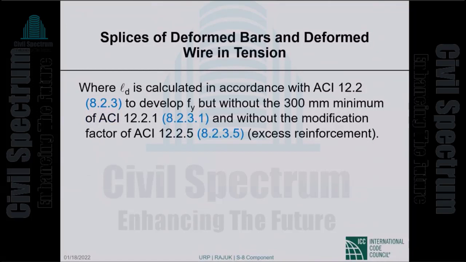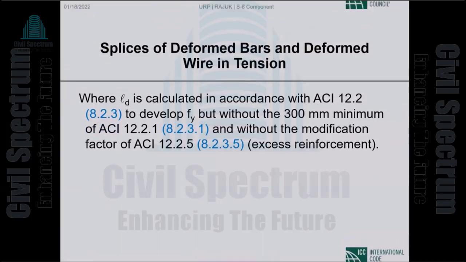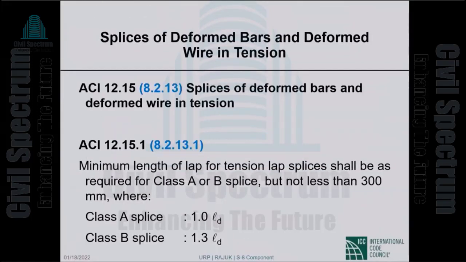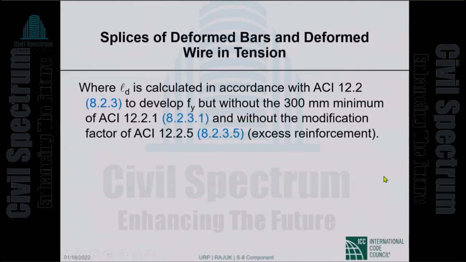L sub D is calculated to develop f sub y, but without the 300 millimeter minimum of ACI. So the splice length is either 1 or 1.3 times development length, and splice length has a minimum on it of 300 millimeters. When we calculate development length by ACI 318 requirements, you remember there was a table and an expression.